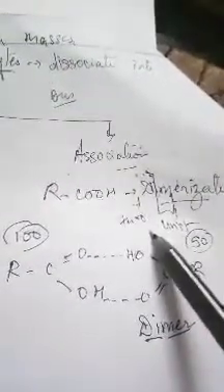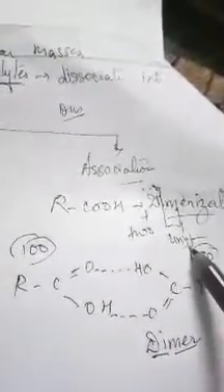Di means two. Mer means unit. So carboxylic acid undergoes dimerization. What is dimerization? Two units combine through hydrogen bonding. See this diagram, you will understand. This is one carboxylic RCOOH and this is another unit.